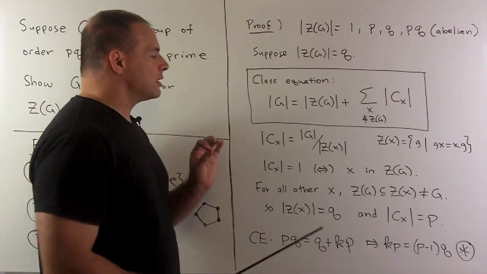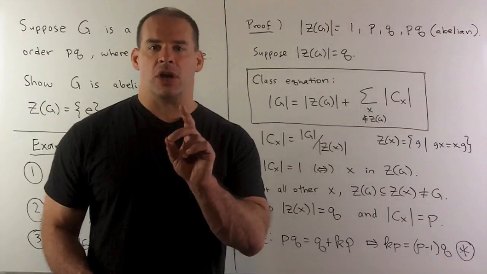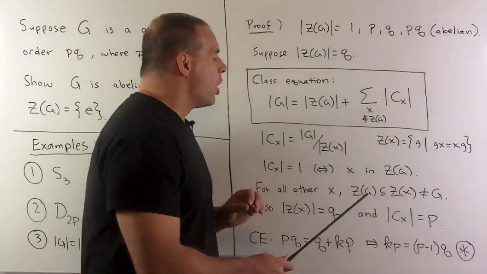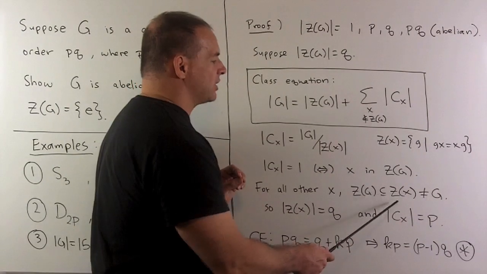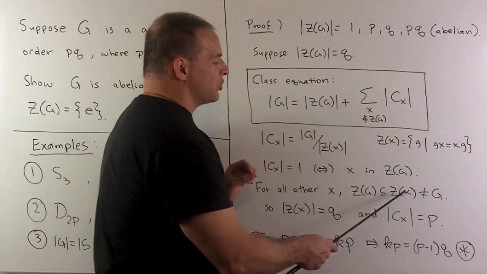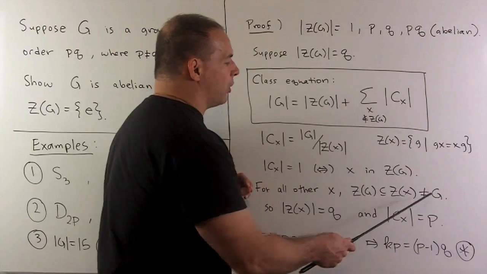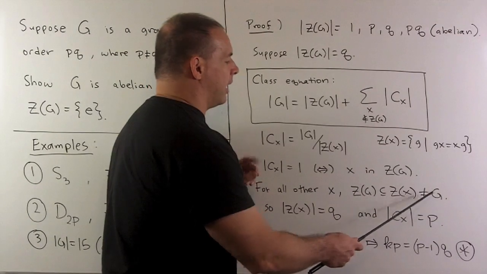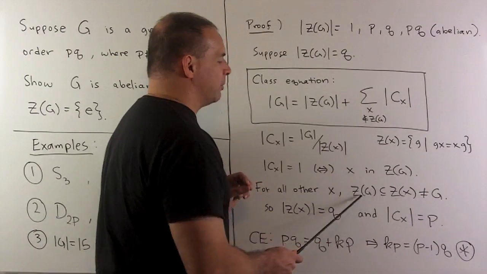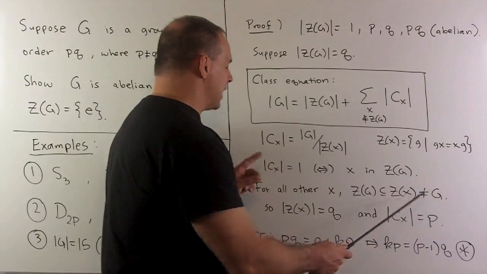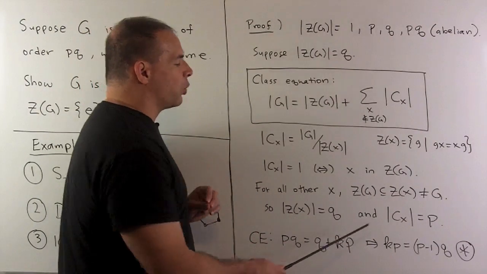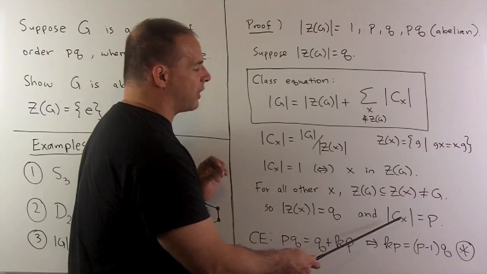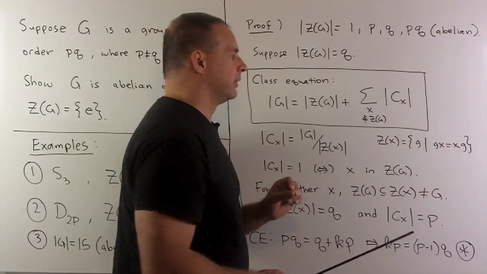For all other x, let's think about the centralizer of x. All the elements that are in the center of the group live in the centralizer of x, but since x is not in the center, it can't be the whole entire group. And here we're just considering possibilities of orders. So that means the centralizer of x has order Q, which means the order of the conjugacy class for x is equal to P.